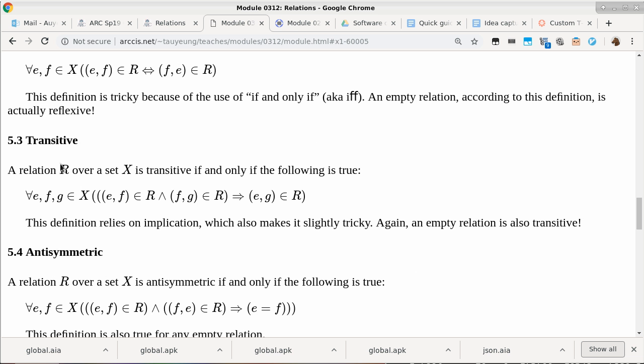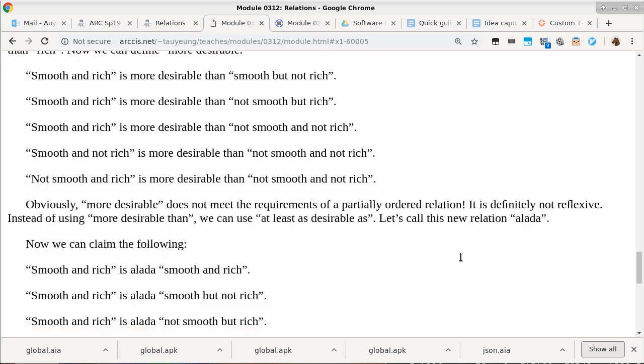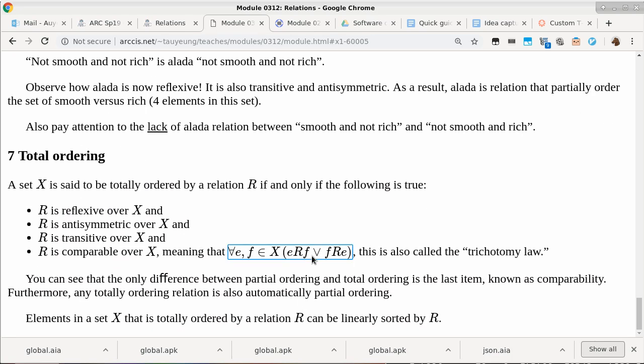It should be transitive, and it should also be antisymmetric. So if it meets those 3 requirements, it is known as partially ordered. But once it is partially ordered, it can also qualify as totally ordered if it also meets this extra requirement. So this is the requirement that separates partially ordering from totally ordering.